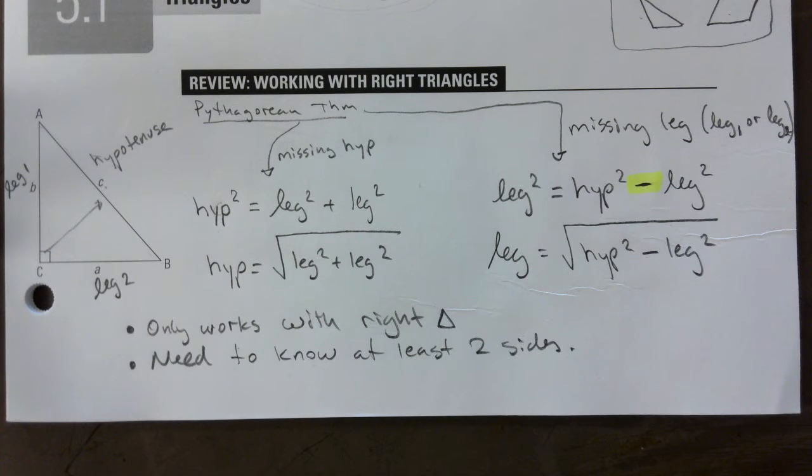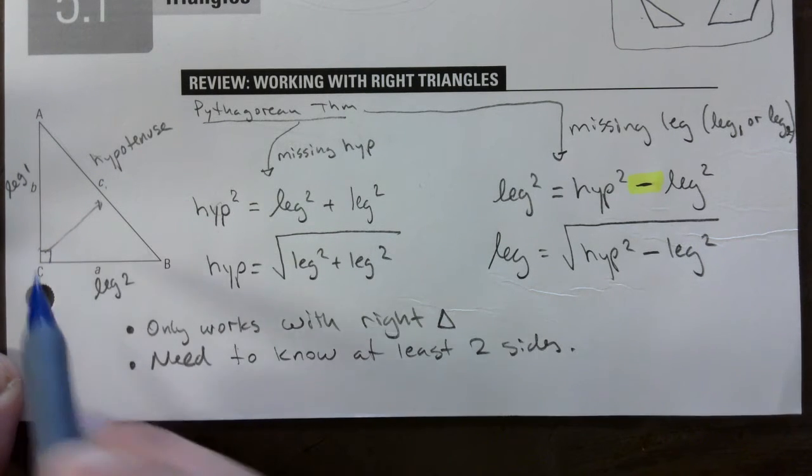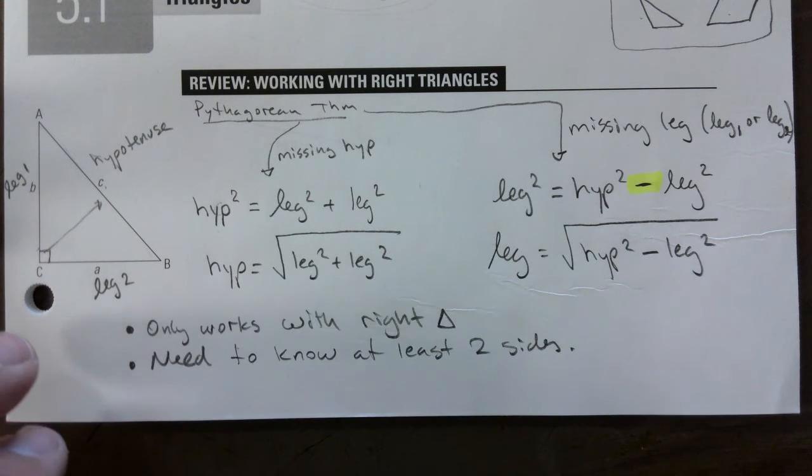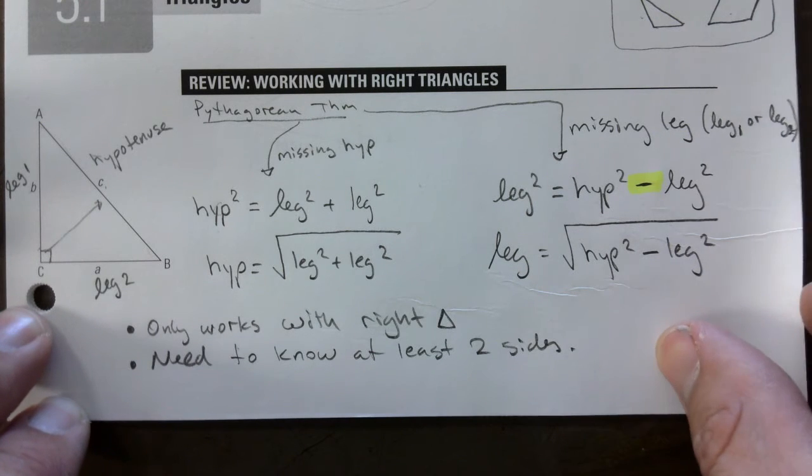That's the only way this will work for us. So as soon as we see that 90-degree box, we know we can use the Pythagorean theorem, provided we know any 2 out of 3 sides. We can go ahead. So you don't need to use sine law or cosine law to find the third side. So there you go. Now we're going to put it to use.